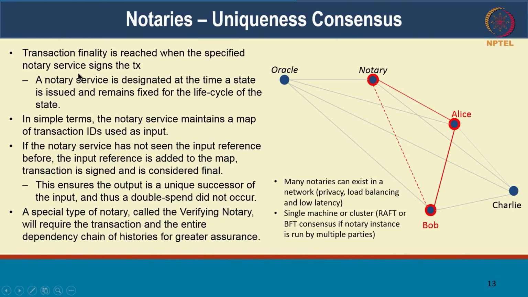Once Bob and Alice both sign this transaction, they can send it to a notary and say, hey notary, tell us whether this transaction is really unspent. The notary service is designated at the time the state is issued. So for each state, at the time of issuance, you can specify a notary service that will determine the uniqueness of that state.